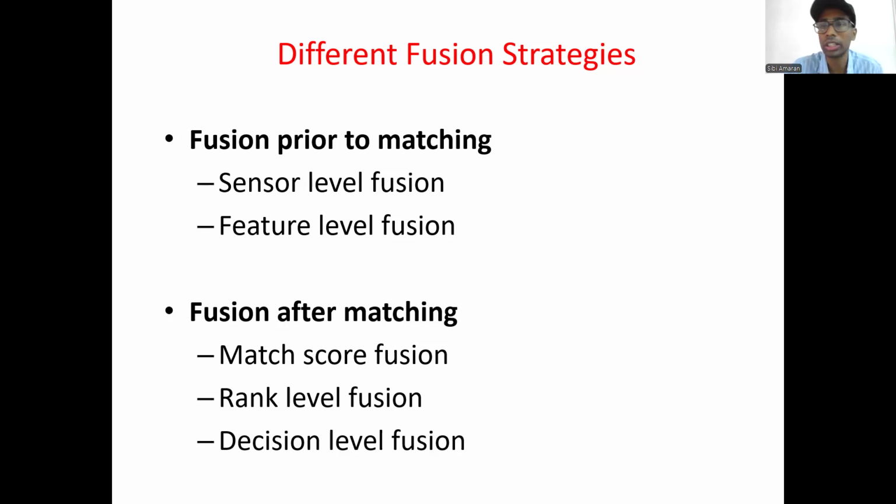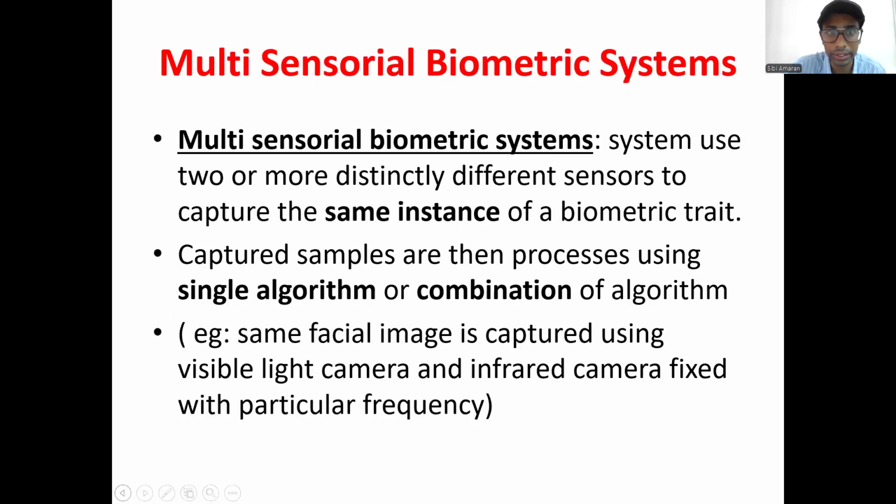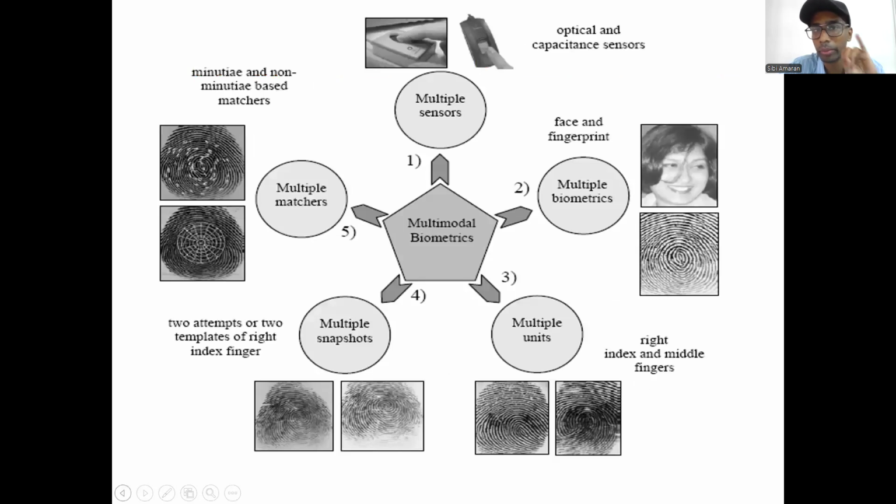So the topics we discussed here: we discussed deeply about multi-modal. In multi-modal, we discussed five things: multiple sensors, multiple biometrics, multiple units, multiple snapshots, as well as multiple matches.